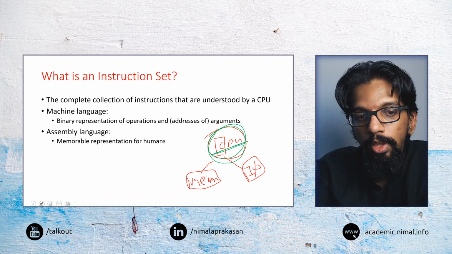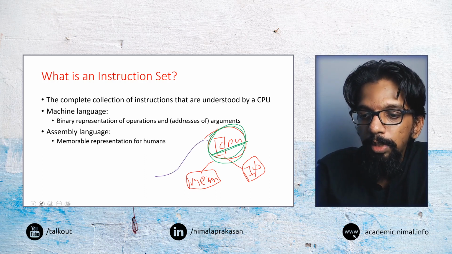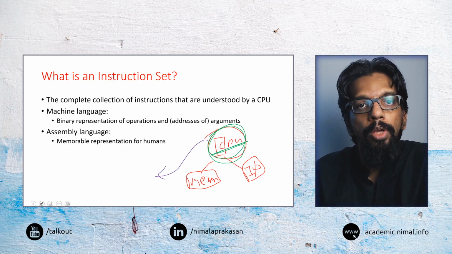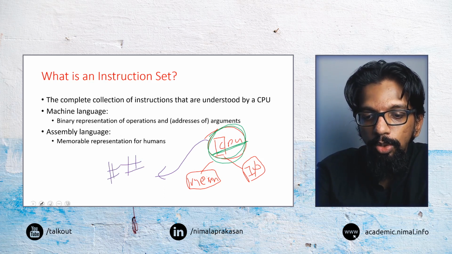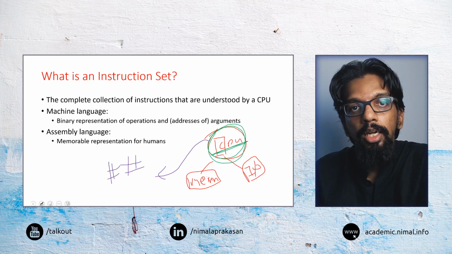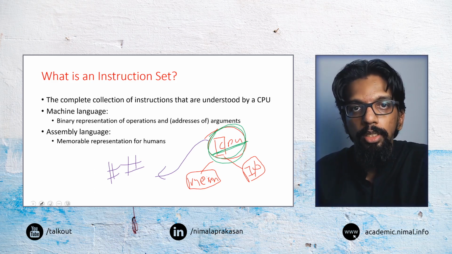So when we say the CPU is the computational device, what do we mean by that? Within that CPU, we are going to have a number of hardware components. So we are going to have a number of circuitries and so on that are going to do various things. That is what we looked at as the arithmetic and logic unit and various other components that can do various computational operations.